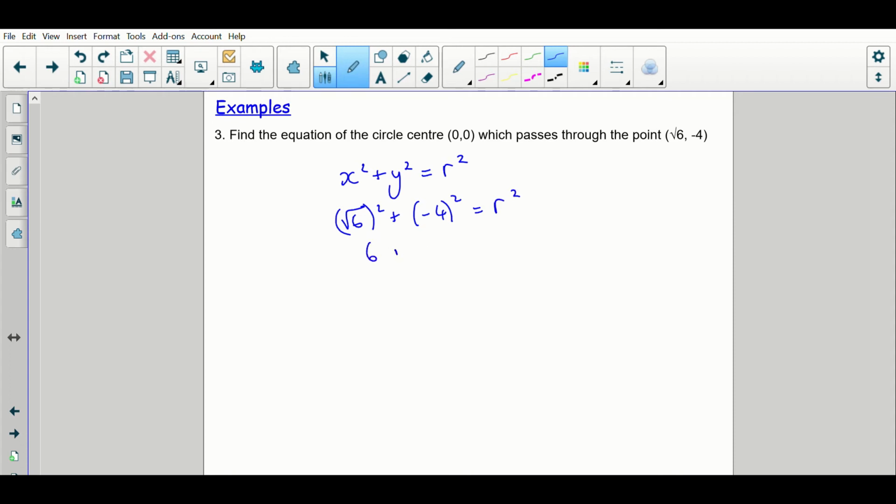So I'm going to get 6 plus 16 equals r squared. So 22 equals r squared, so I know that r is equal to root 22. Actually, I could have stopped at r squared because to write down the equation of the circle, I know that x squared plus y squared is equal to 22.